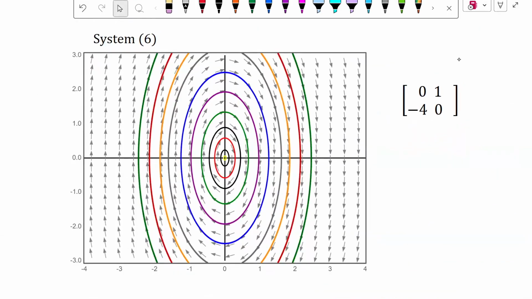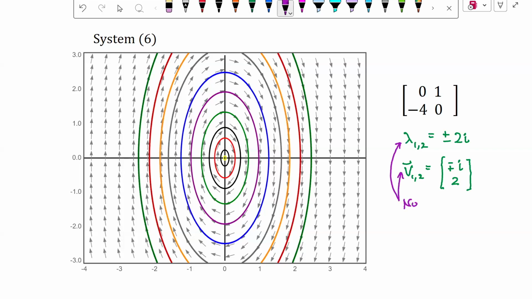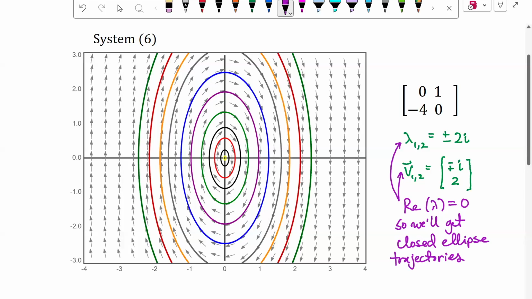This was system 6. This again has complex eigenvalues and therefore complex eigenvectors. Notice here, however, that there is no real part, which means that our solutions, instead of moving out or in, away from or toward the origin, are simply going to circulate around the origin following the same closed path.